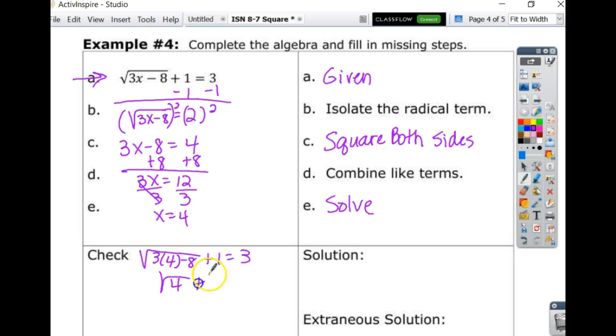So the square root of 4 plus 1 equals 3. What's the square root of 4? 2 plus 1 is? That's a big fat true. It's a solution. So x equals 4 goes here, by the way. This is the solution. I know.